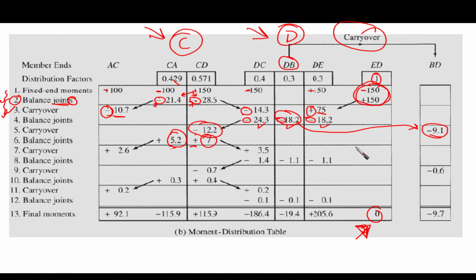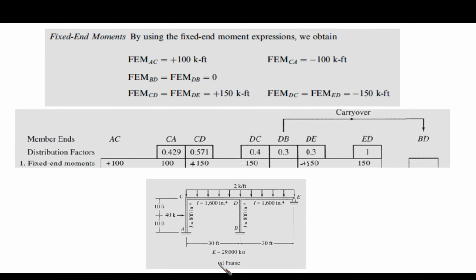Remember that because this member, which is BD, the end is what? It is fixed. If we go back here, this is fixed. It is like A, so it is only receiving carryovers. We are not going to carry over back from these points to the other points.